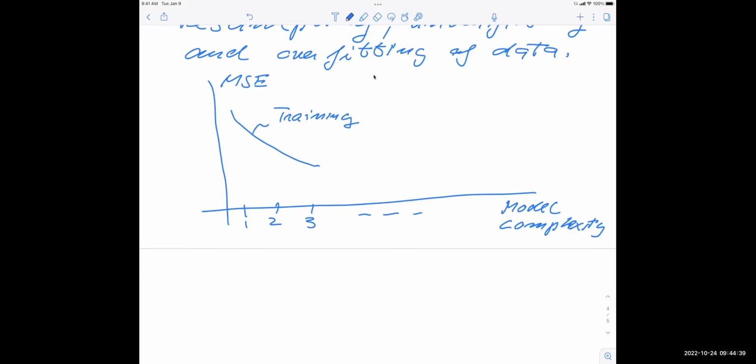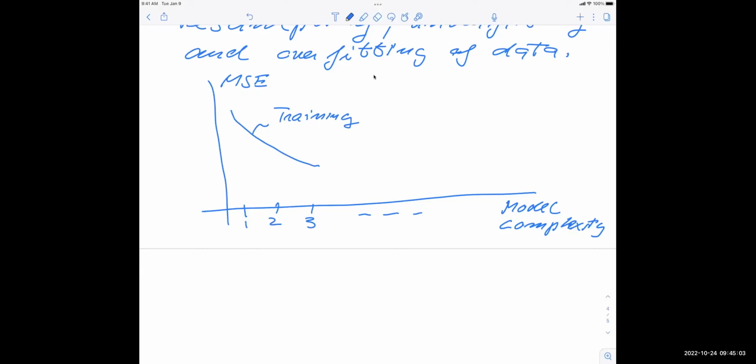So if you have a given set of training data, what is your feeling about the behavior of the mean squared error as a function of the model complexity when you now use only the training data? So is this curve going to keep decreasing forever or will it just increase at some stage?